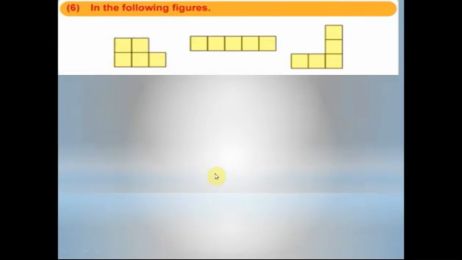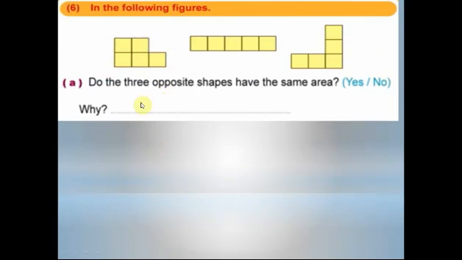The last one, the following figure. Here we have a question: do the three opposite shapes have the same area, and why? That means we will count the area of the three figures. 1, 2, 3, 4, 5. The area equals 5. What about here? 1, 2, 3, 4, 5.